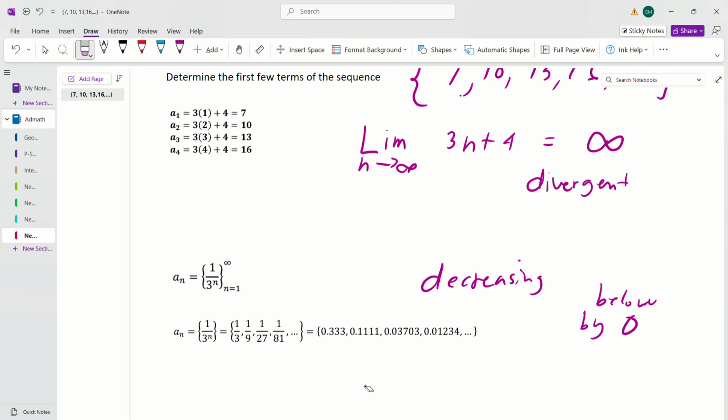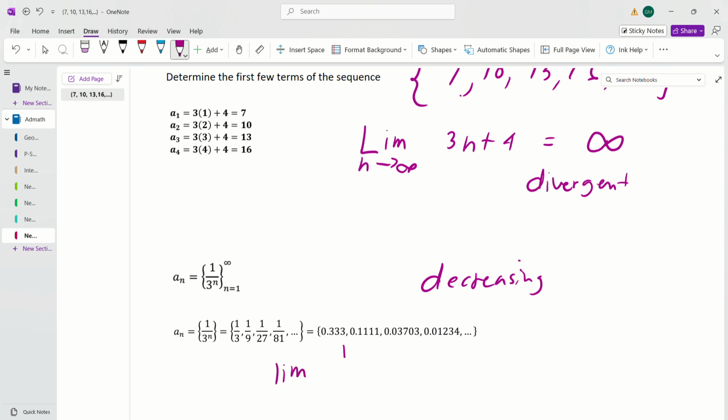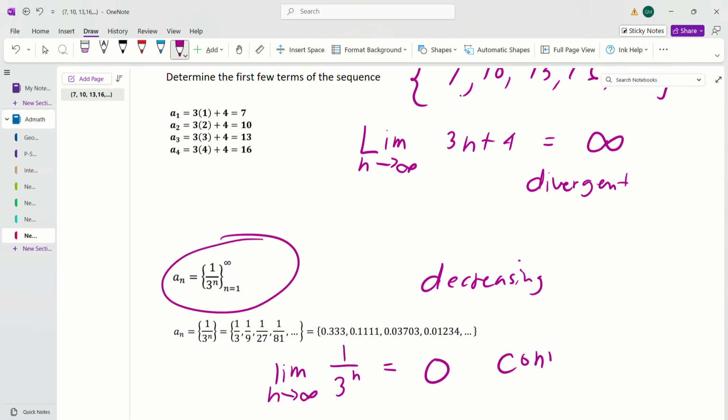Since it is bounded below by 0, there's a limit. The limit of 1 over 3 raised to n as n approaches infinity is equal to 0. There's a limit, and since there is a limit, therefore this sequence is convergent.